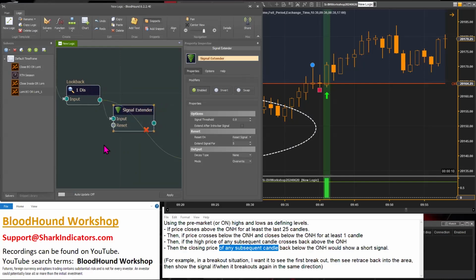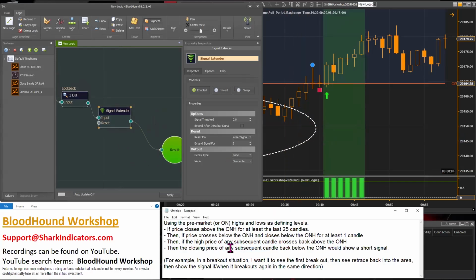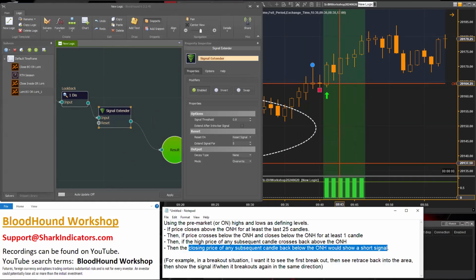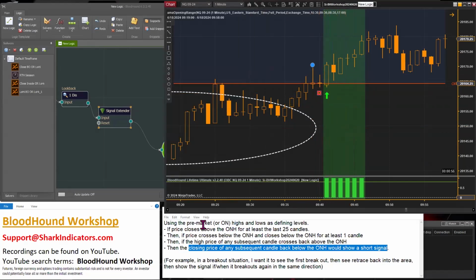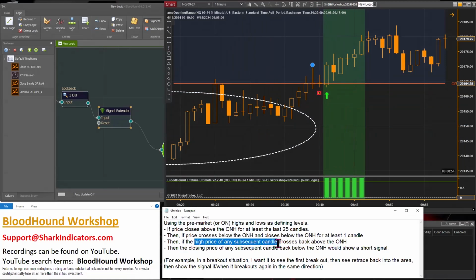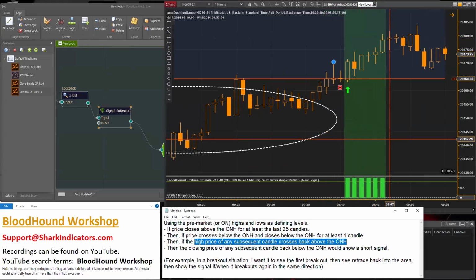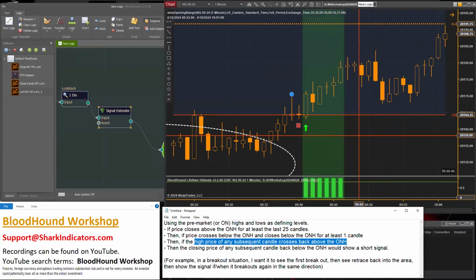Now, typically at this point, once you get to the wick breaking outside the range again, most traders would say this has a limited lifespan.